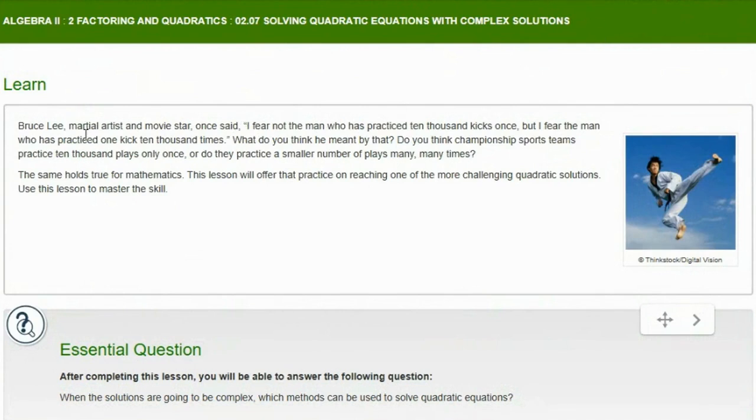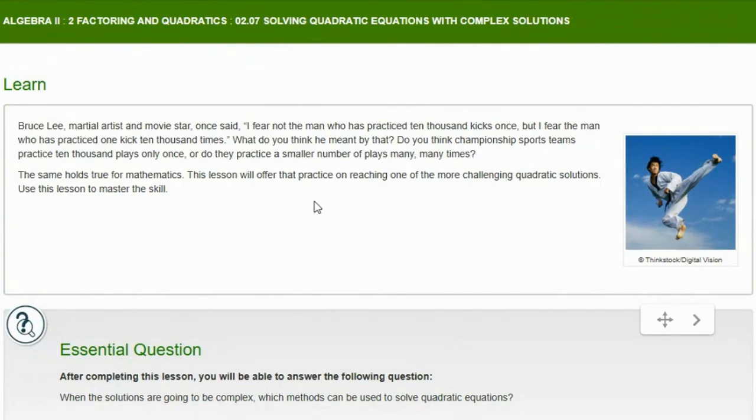So Bruce Lee, who's a martial artist and movie star, once said, I fear not the man who has practiced 10,000 kicks one time. I fear the man who's practiced one kick 10,000 times. So what do you think he meant by that? I mean, you think championship sports teams practice 10,000 plays one time? Is that how your football team wins?